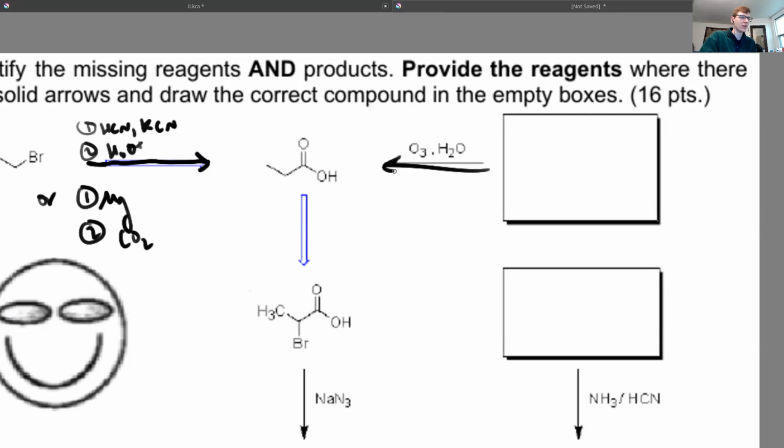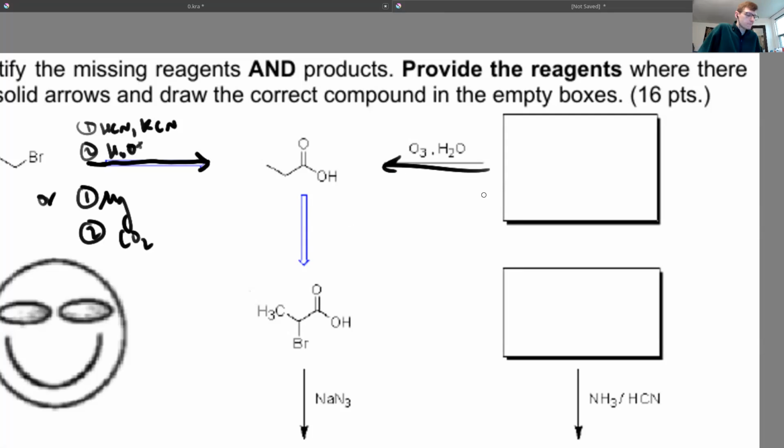Well, how else could we have made this thing? Through ozonolysis. And so what could we have cleaved in ozonolysis to make an acid? Some kind of double bond. I can't remember if it's just an alkene or if it has to be a ketone.